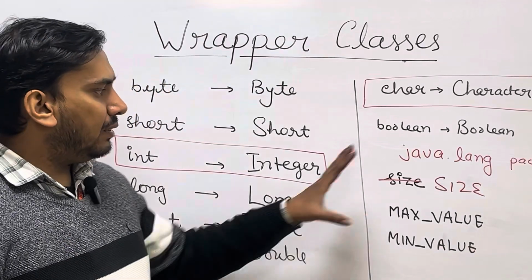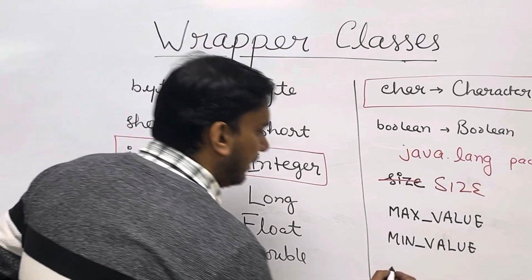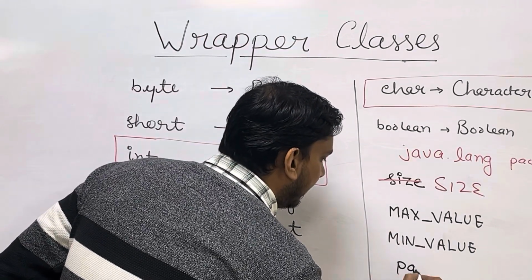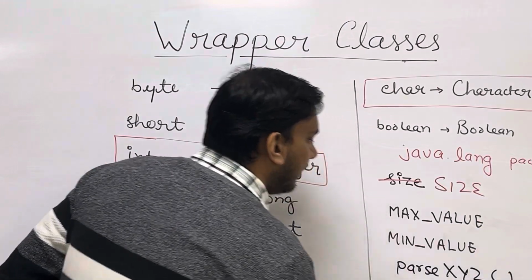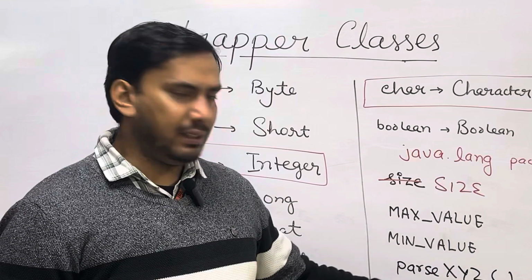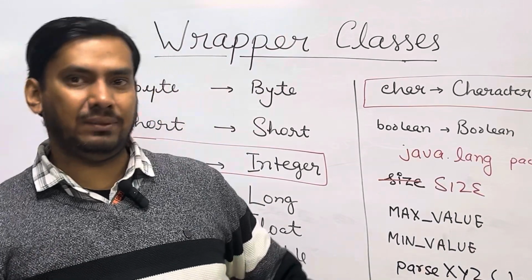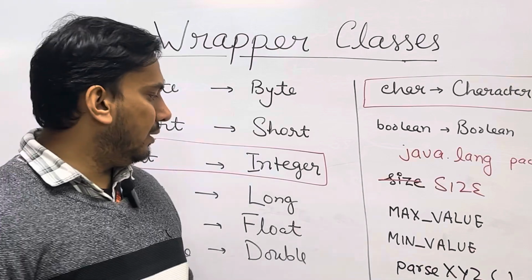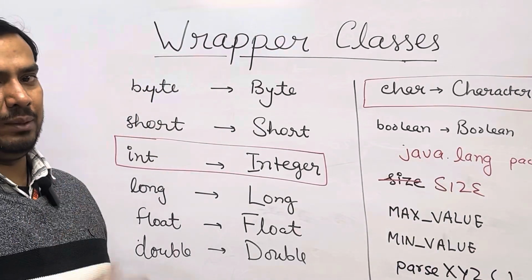That is why the parser methods are provided. Many other methods are there, but we are concerned about parseX, meaning parseInt, parseFloat, parseDouble. Integer class has the parseInt method, it does not have parseFloat. Float class will have parseFloat. So, these are some important features provided by the wrapper classes.